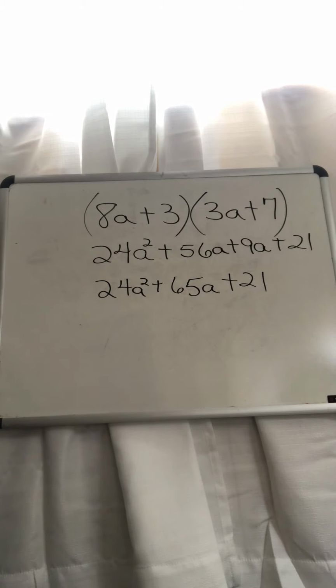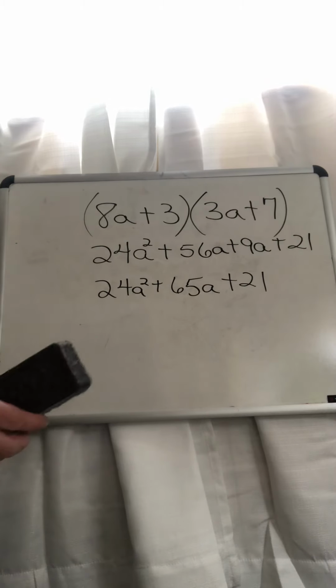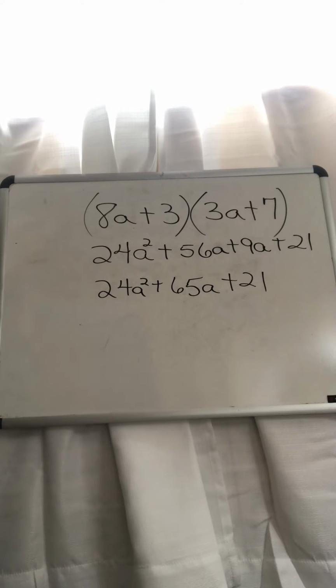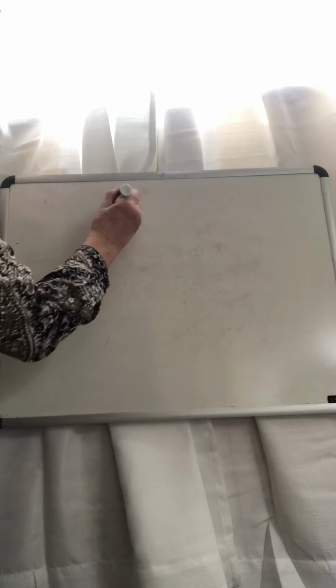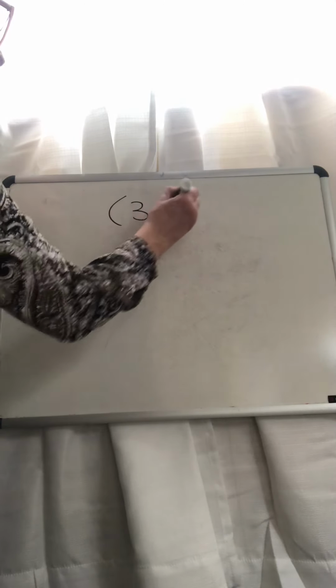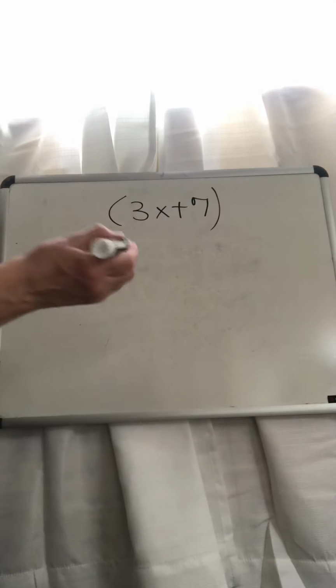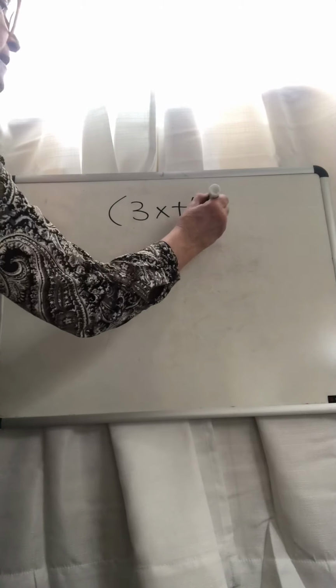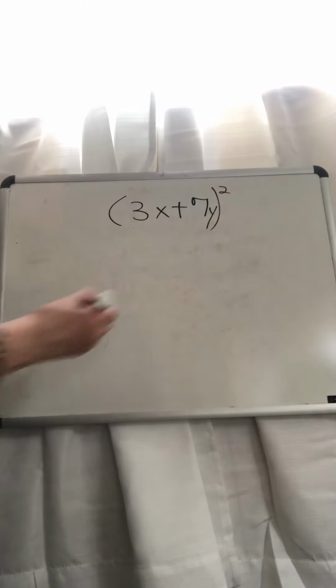Super. All right, let's look at example 14. So example 14, we have a parenthesis with 3x plus 7y, and then we've got a squared.